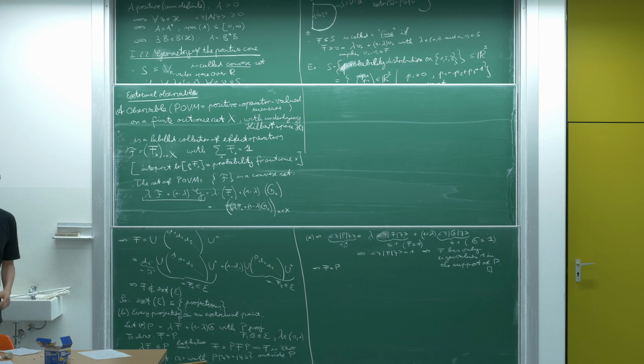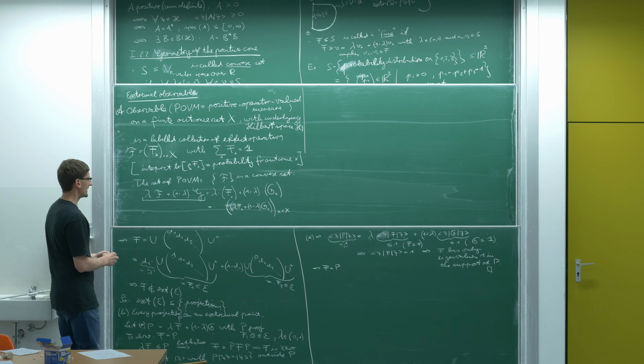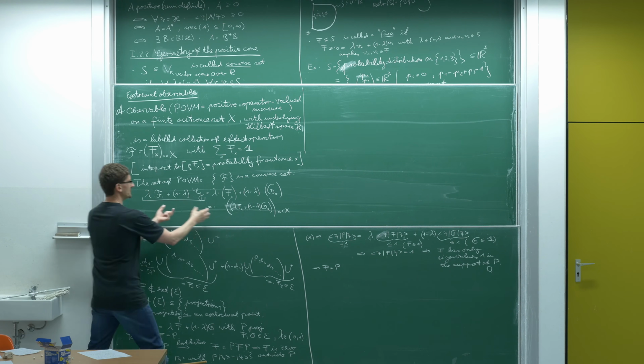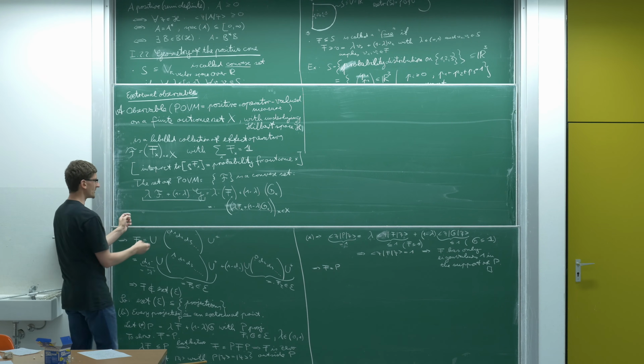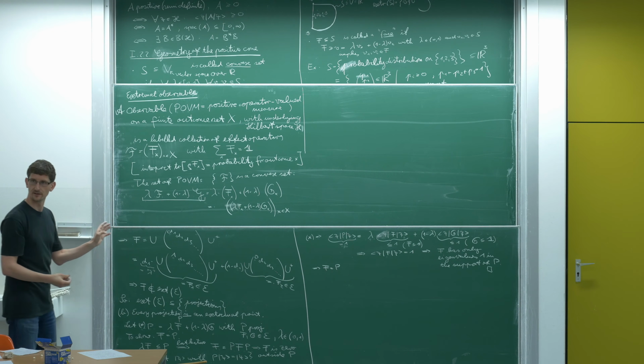And asking for the extreme points of this convex set is asking for the measurements which cannot be obtained by this rolling a dice procedure. So the extremal points are exactly those measurements which cannot be written in this form unless f is equal to g.